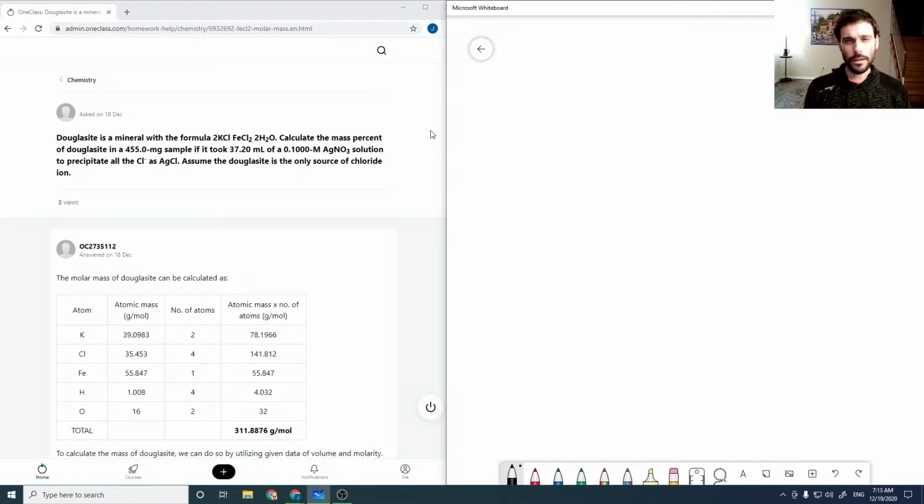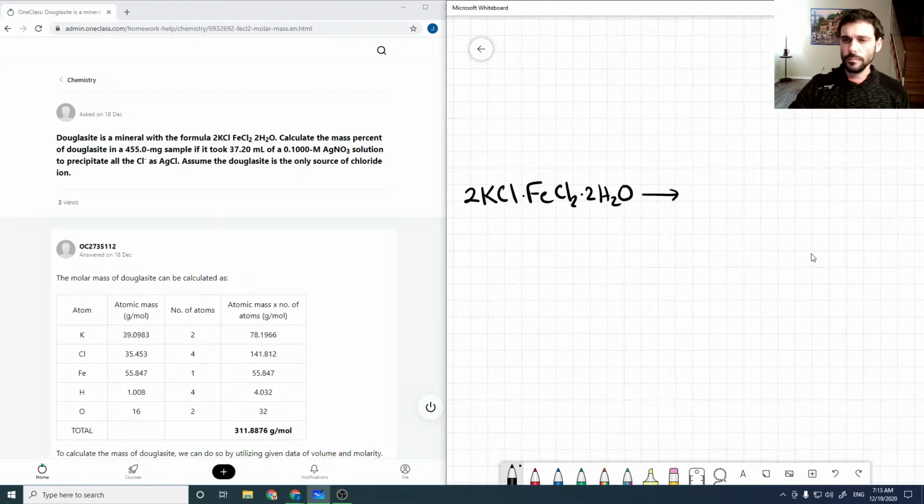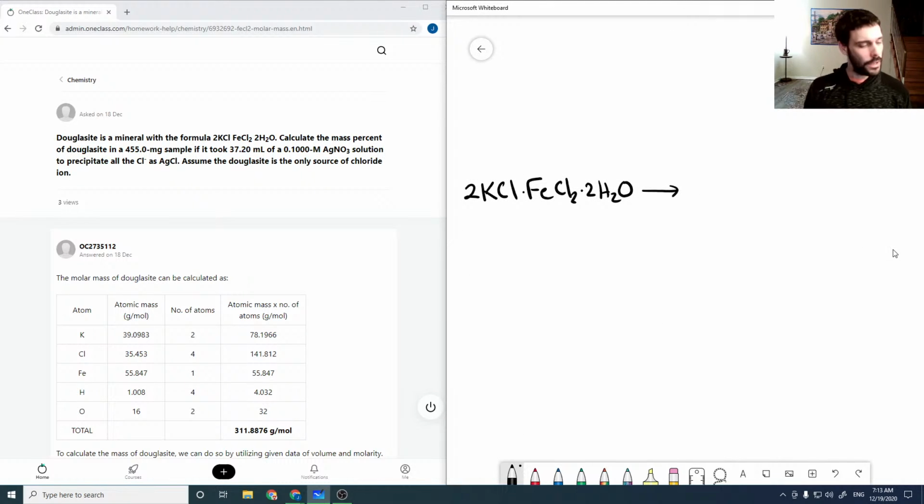So to start off, we're just going to say that this mineral is going to completely dissociate in water to give us each of the aqueous ions, so 2K plus, so if we count the chlorines, we've got 2 chlorines here plus 2, so 4, plus Fe2 plus, and actually that's all the ions.